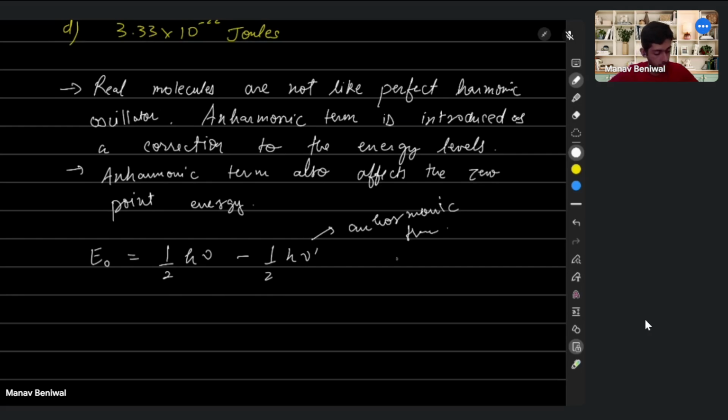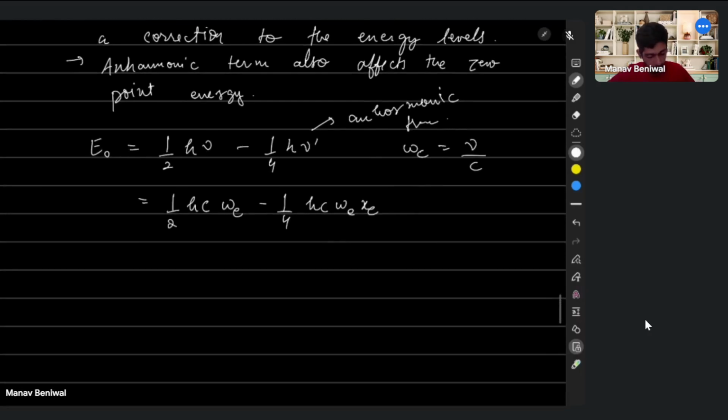Okay, and now we know that our omega E is nu by c, so we can easily replace nu, and what we will have is half h c, here it is 1/4 omega E, minus 1/4 h c omega E xe.